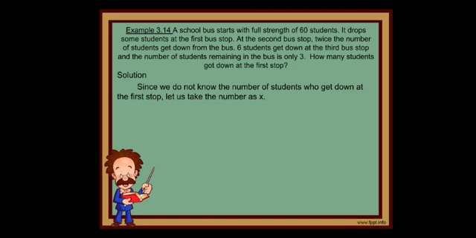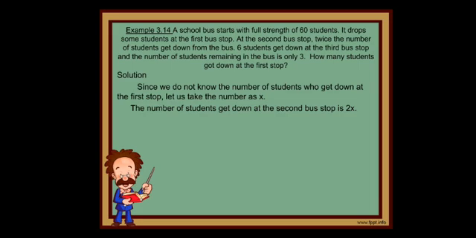So the number of students who get down at the second bus stop will be twice the number of students who get down at the first stop, right? So the number of students who got down at the second stop is 2x. And the total number of students is 60.